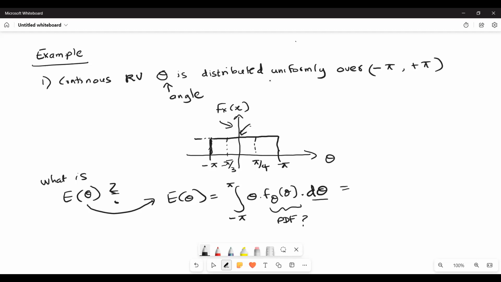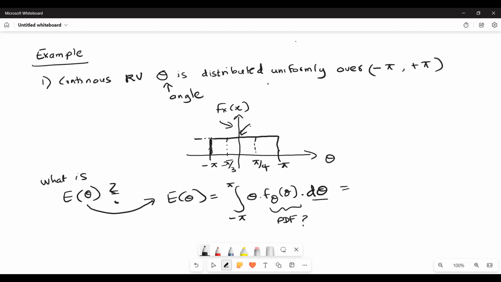Yeah, the area, right? What is the area under the curve of a PDF function over this range? It should be 1. So the area of this function over the theta range should be equal to 1.